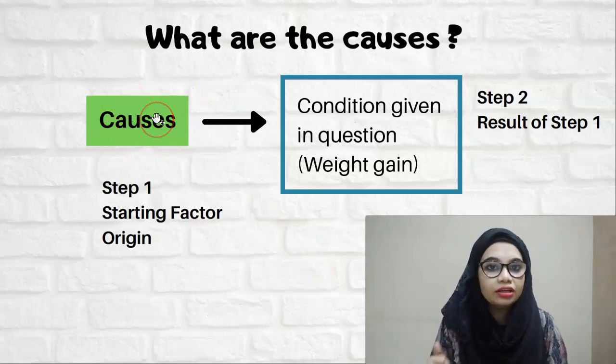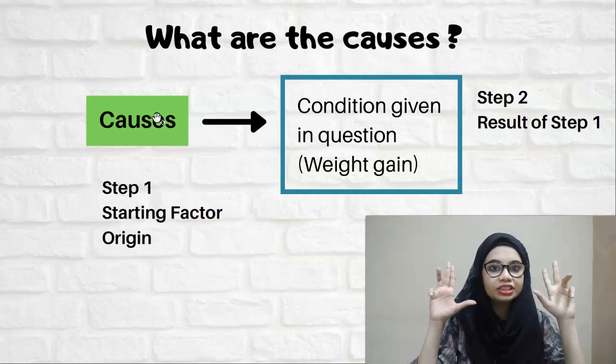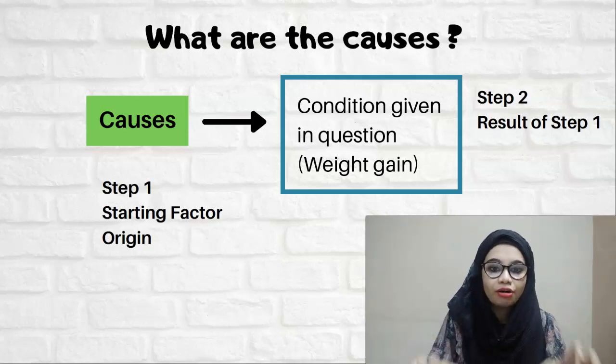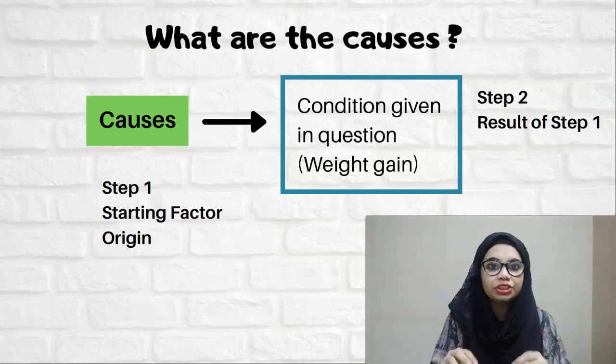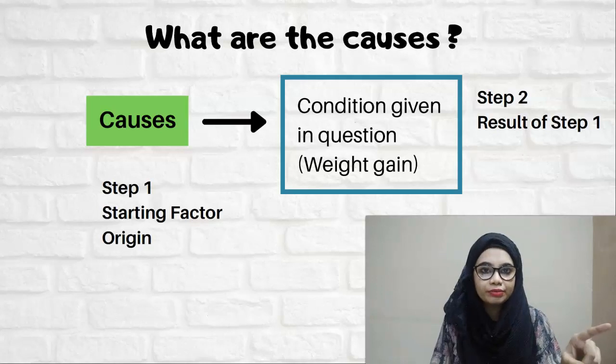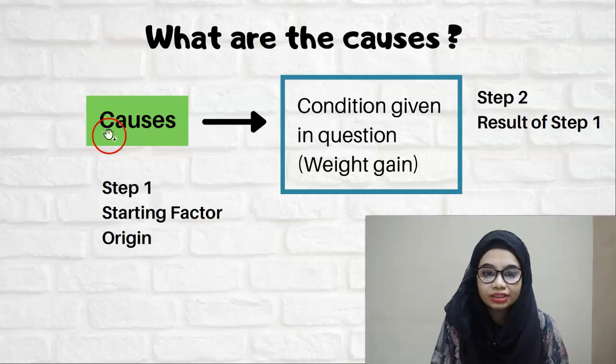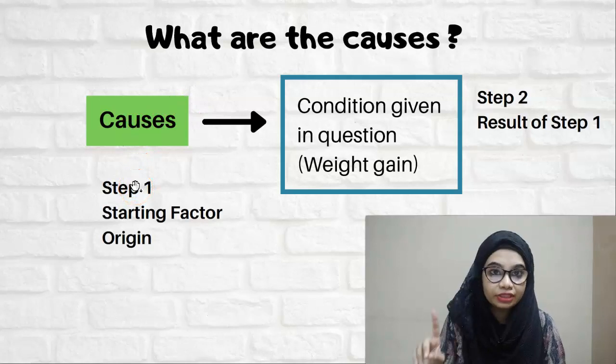Now, what are the causes? We have color coded the presentation so that you could have a nice photographic memory of this whole presentation. Remember, causes in green. Okay, we will get to problems associated, but causes are in green. Causes lead to the condition given in the question. Causes are the first step.